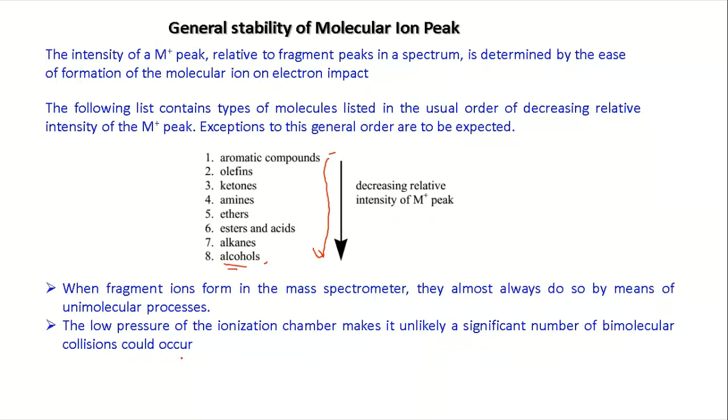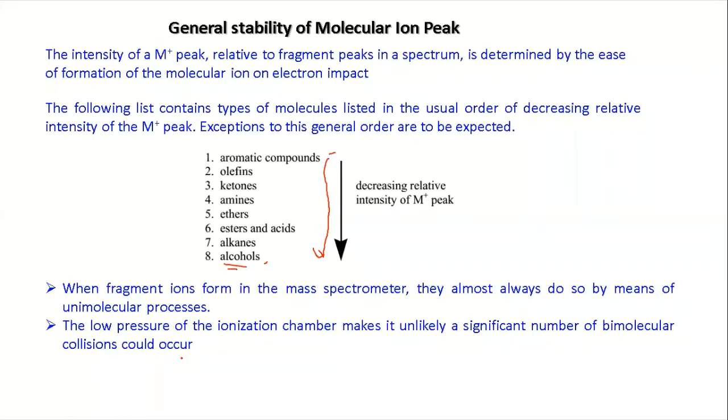At low pressure, the molecules will be far apart from each other, so there is hardly any chance of the molecules colliding. Understood? Since the initial ion formation happens at very low pressure, in vacuum, there is less chance of two molecular ions coming closer and colliding.